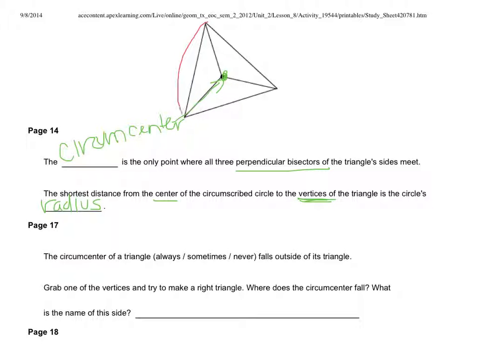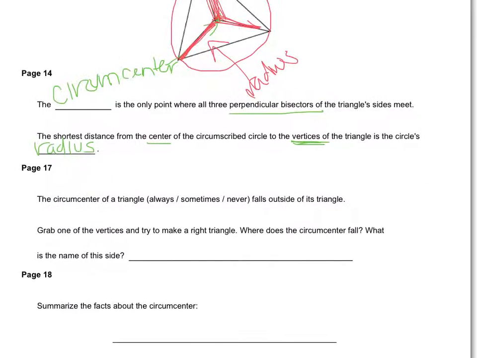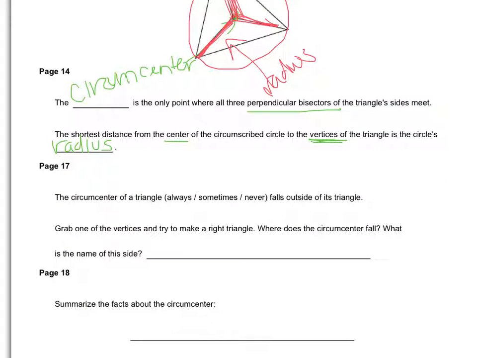Here's my circle that is circumscribed, and what that's saying is that this distance right here to the vertices is my radius. And this would be my radius, and this would be my radius as well. It's important to know that the circumcenter sometimes falls outside the triangle. Sometimes it's inside the triangle, sometimes it's outside. It just depends on how it's drawn.